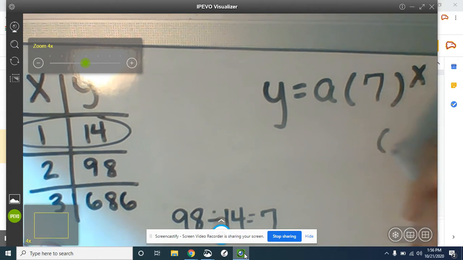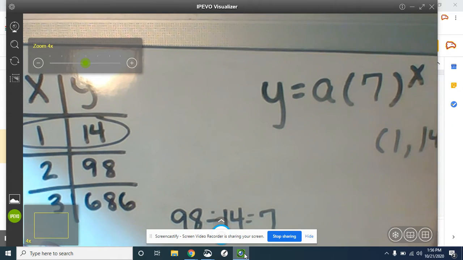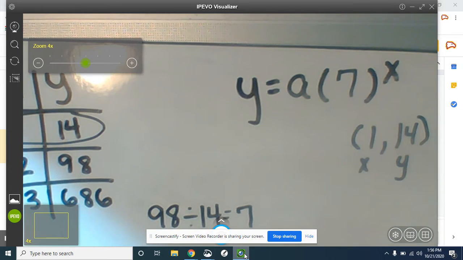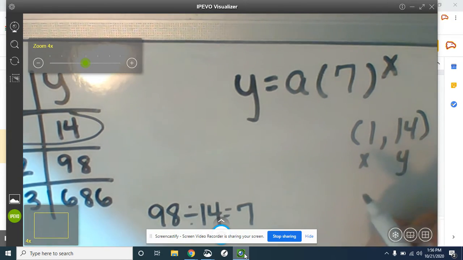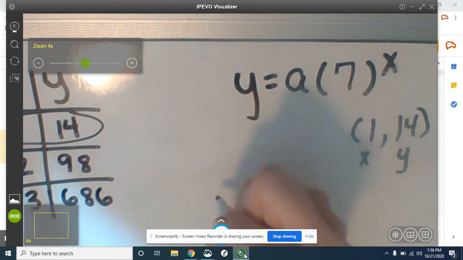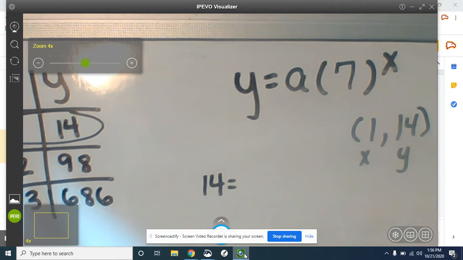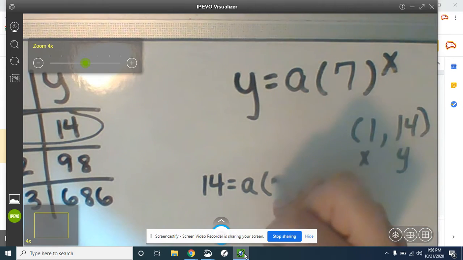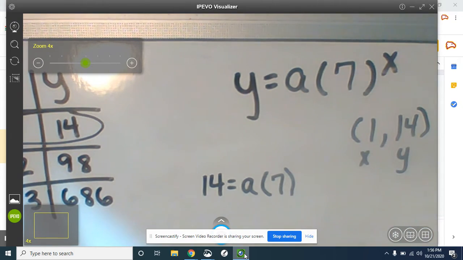So I'm going to write that over here. Now I'm actually only missing A if I plug these two values in. So let's go ahead and do that. We have 14, we're replacing Y with 14, equals A, because that's still unknown, times 7, because that was our B, our growth factor, and then we're replacing X with 1.